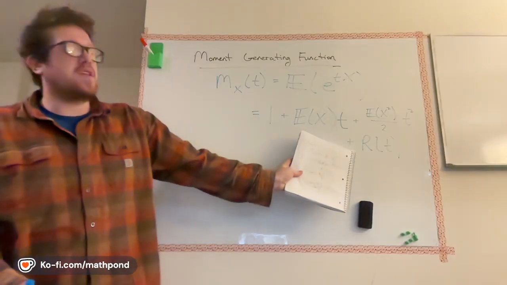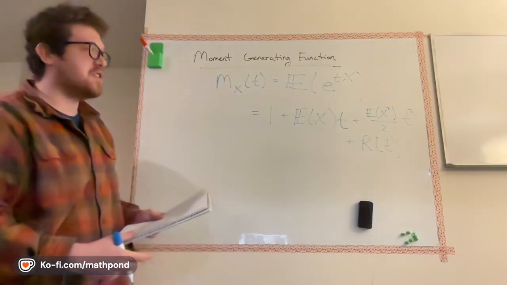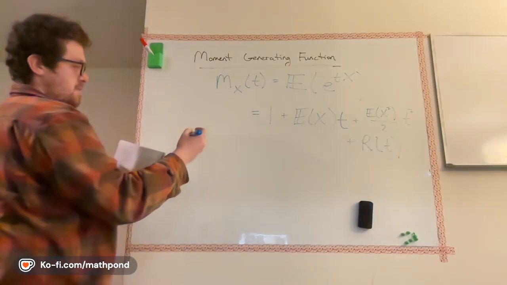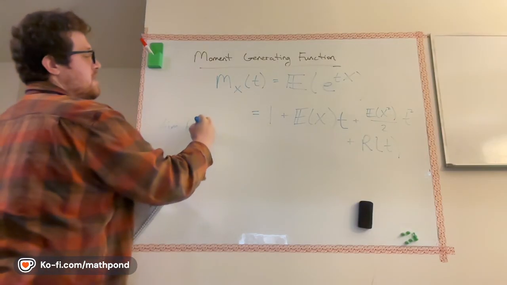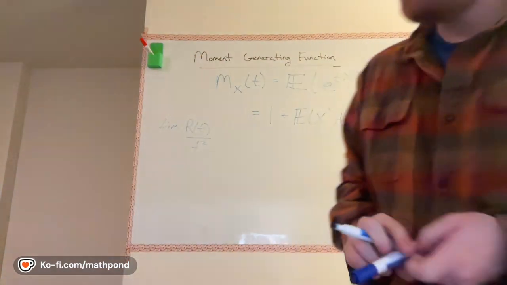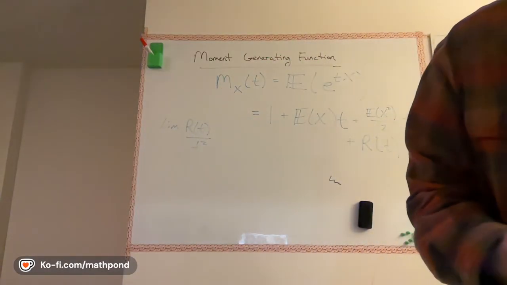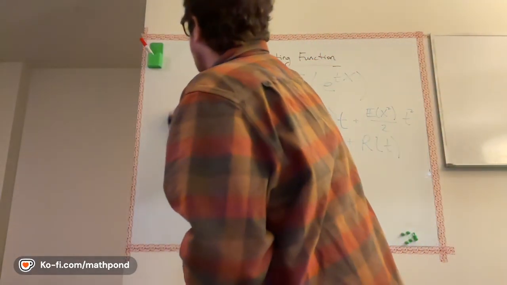And we also need to know that this remainder term has t to the third and higher powers in it. So it has the property that if I take the limit of r of t over t squared, let me try to rewrite that.